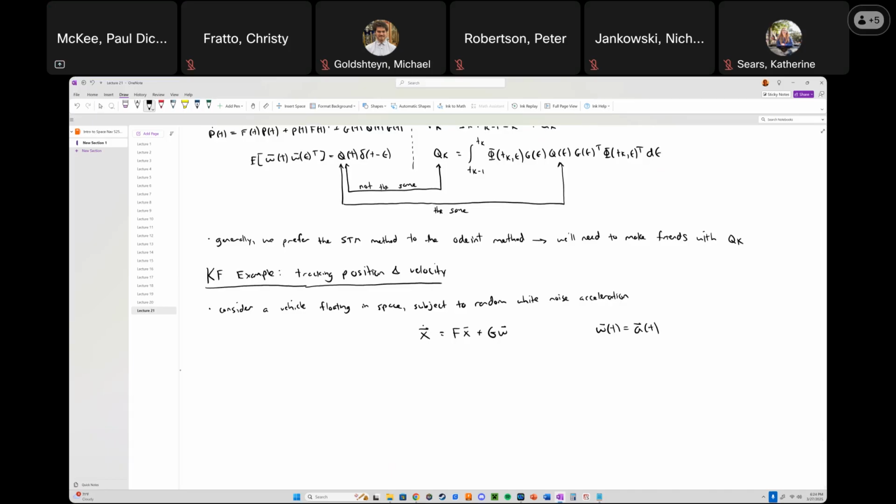In state space, think of it this way: r dot of t, velocity, and r double dot of t, acceleration, is equal to, let's fill in our system here. Our state is going to be position and velocity.